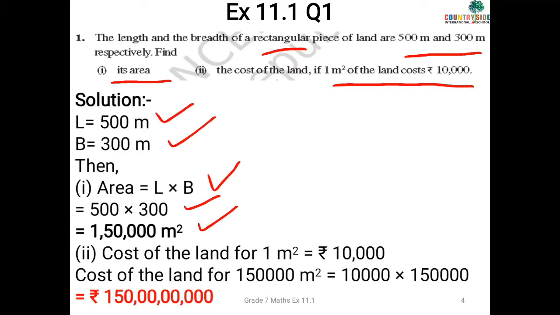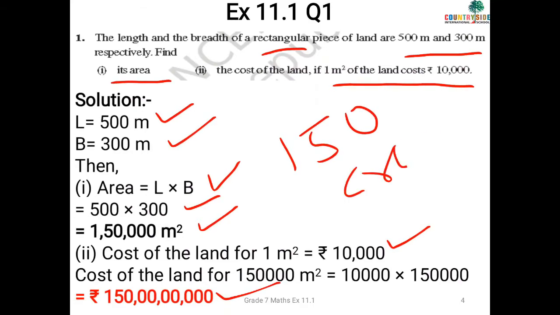So the cost of land of 1 meter square is 10,000, so the cost of land of 1,50,000 will be 10,000 into 1,50,000. Oh my god, so you will get 150 crores. So it is a very big amount. So at the end you will write one statement, the cost is 150 crores.